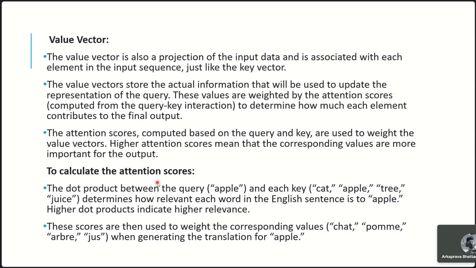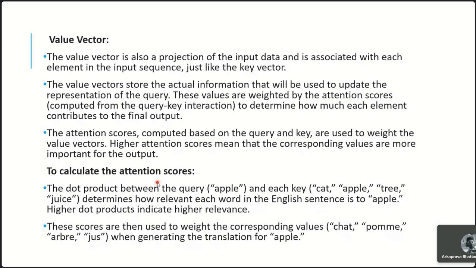That means ये query and key क्या कर रहे हैं? Query tells you this is the word. Key tells you this is the relationship between the query word and the rest of the words. इन दोनों को join करके जो information आता है, that is what we call the value vector.